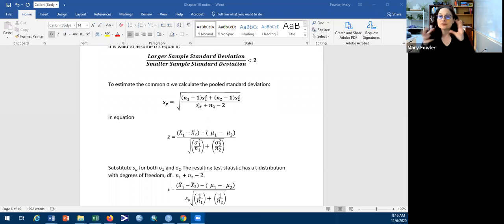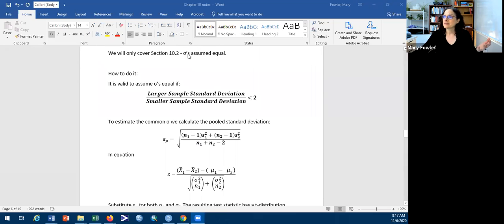We pool them together to find one pooled standard deviation, SP. This estimates the standard deviation sigma, because we assume the sigmas are equal. So now we only have one sigma to estimate, and we want to put the information from both samples into that estimator.